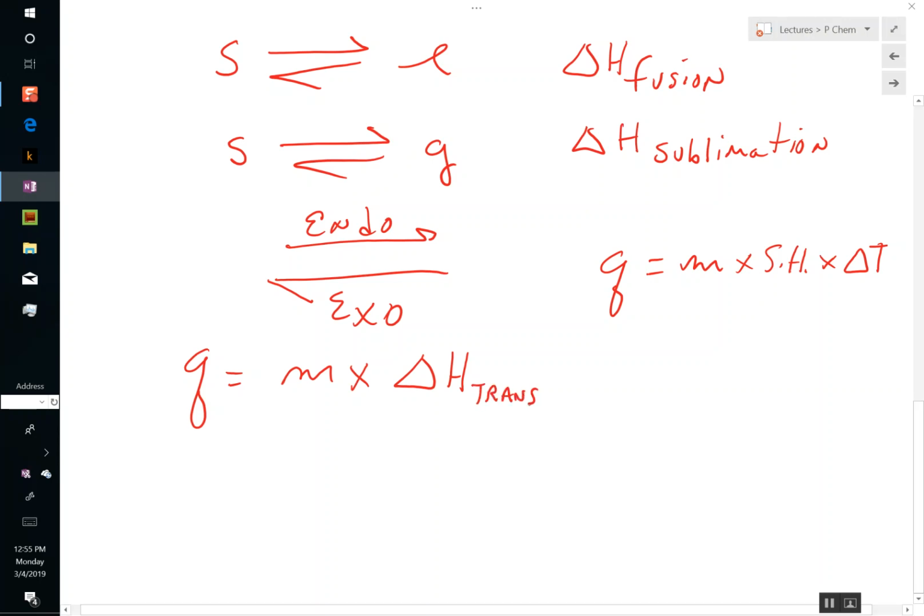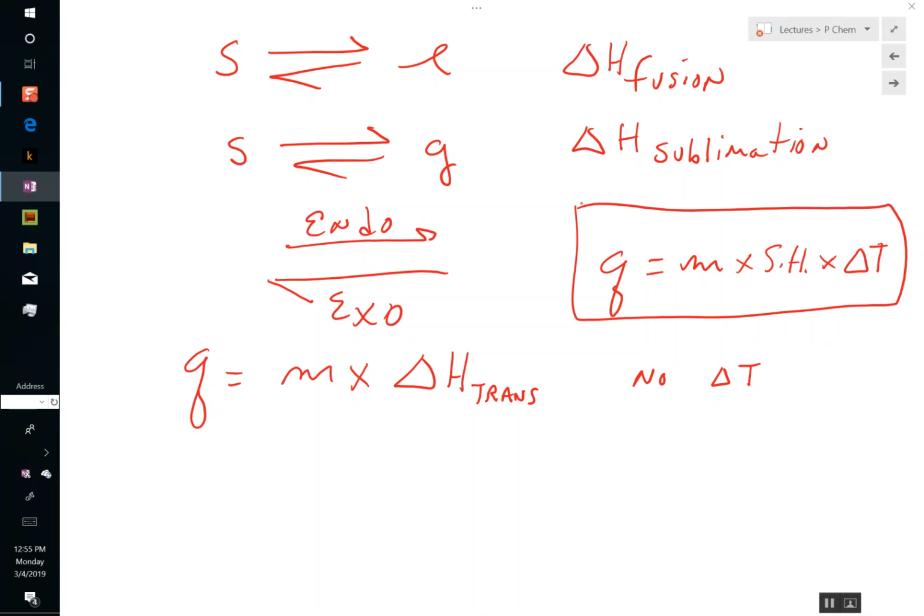It's related. There's no delta T in this equation. I don't know if that's got an equation number in the book or not. What's SH? Specific heat. Now this was way back in, I don't know what, chapter 2, when we just did the calorimetry equation.